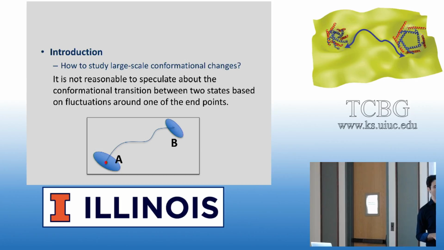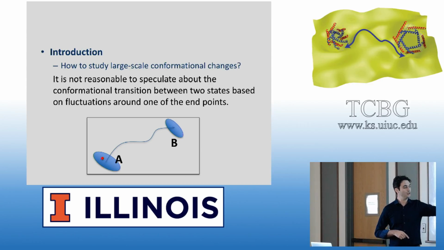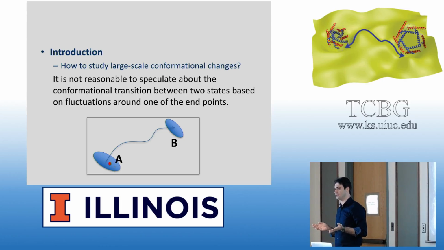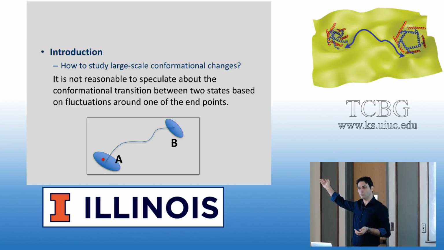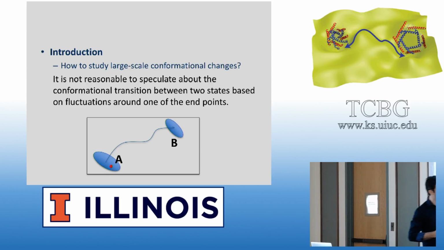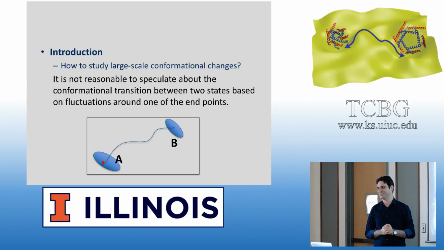When you're looking at the equilibrium simulation of one of the end states, you basically see some behavior which may not have anything to do with the actual global conformational change, the state transition that you are interested in. It could be completely orthogonal to it. And it's just not possible to make statements about this transition based on simulations of the end states when the transition doesn't happen. If the transition doesn't happen, you can't make statements about it. So this is basically the general takeaway.